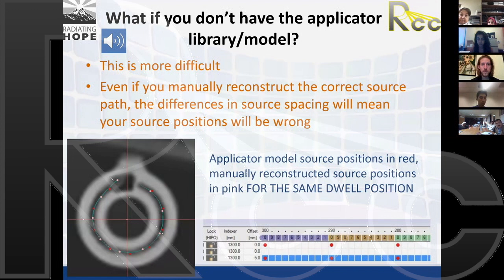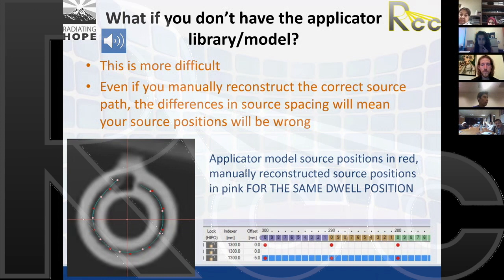In the image you can see, in the bottom left corner, the applicator model source positions are the red dots. These are physically correct positions that the source dwell positions would be at. In the same image, you can see manually reconstructed source positions in pink.